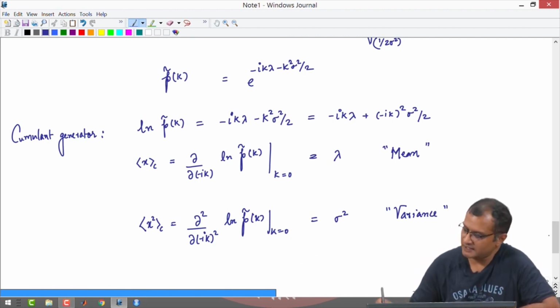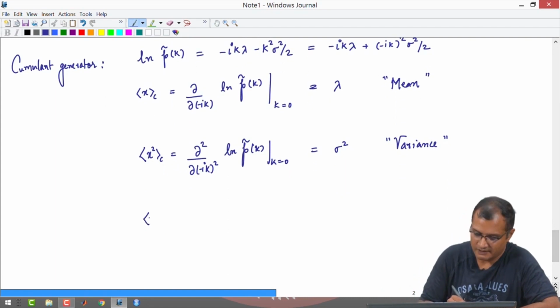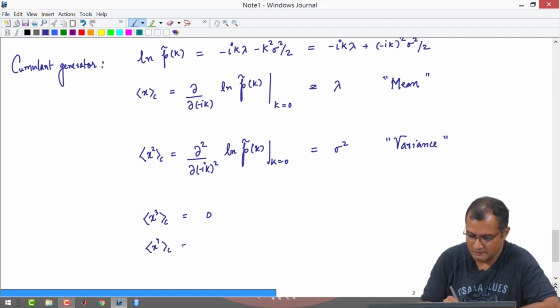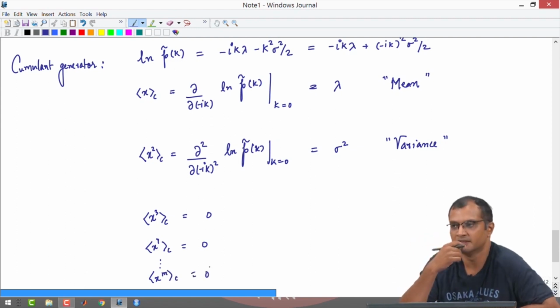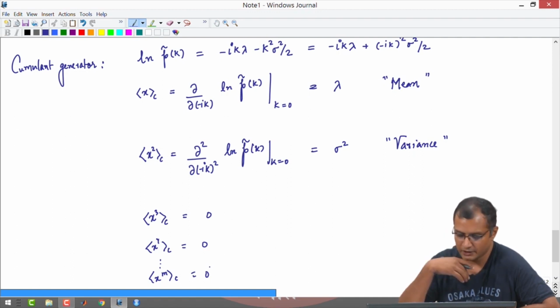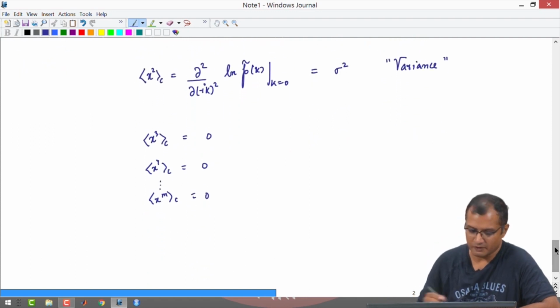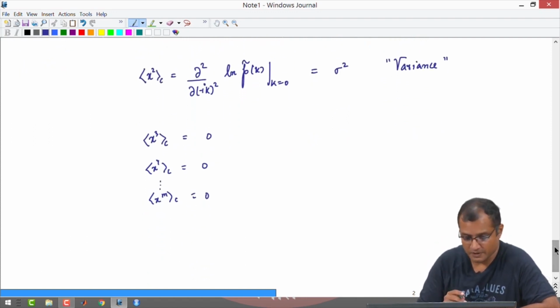And you can see any other derivative, all other, third cumulant, fourth cumulant, all other cumulants are 0, because you do not have terms which are above quadratic in k in the cumulant generating function. Okay. So, this is a beautiful property possessed only by a Gaussian distribution.